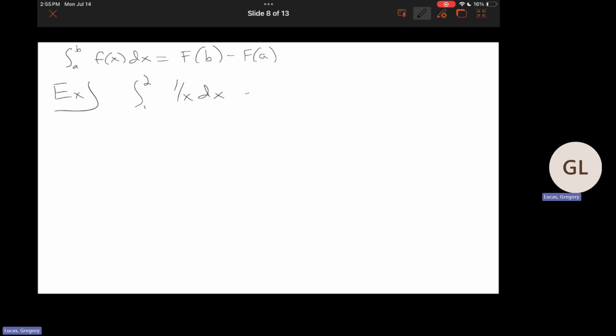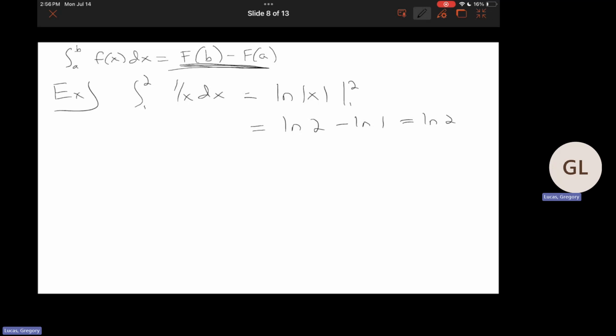So this is the natural log of the absolute value of x, and we're going to evaluate at 1 and 2. So that's where this piece comes in. I'm taking the bigger number, the upper limit, and I'm plugging it in. So the natural log of 2, I can drop the absolute value because 2 is positive, and then minus the natural log of 1, also drop the absolute value, 1 is positive, and the natural log of 1 is 0. So this is just the ln of 2.